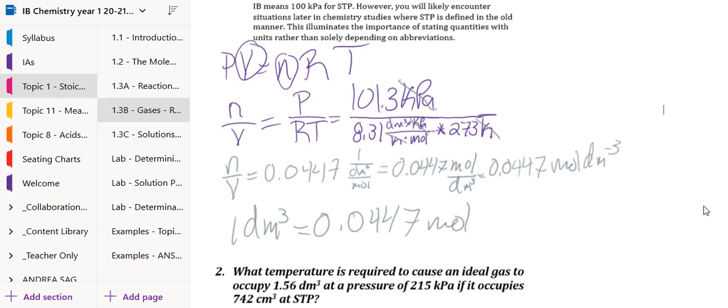So how could I switch this to be 1 mole equals insert number decimeters cubed? Divide what? You divide both sides by 0.0447. Yep. So what do you get? Do the numbers!